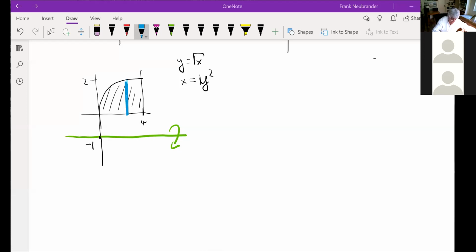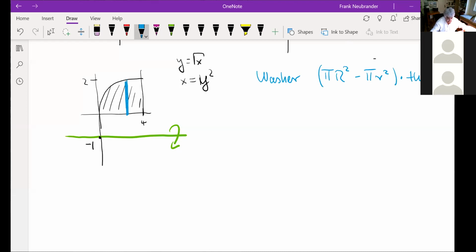So the base formula, what we are using here, if I compute now the volume, I have to use the approach with washers. And the washer formula is pi times the big radius squared minus pi times the small radius squared, and you multiply this with the thickness of the washer.